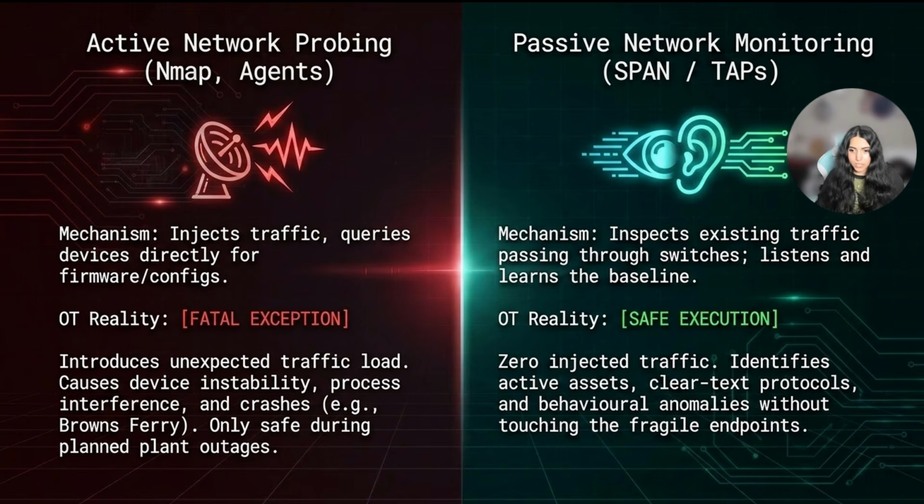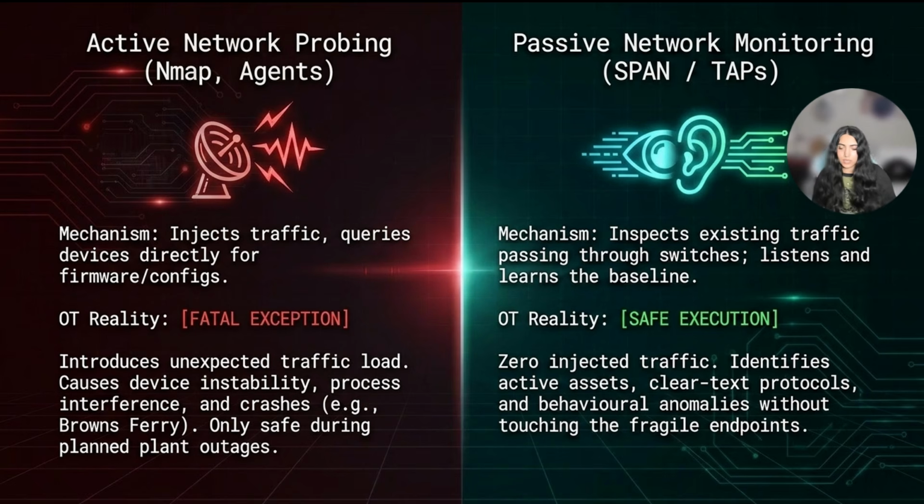Most of the time, especially for older OT devices, your system will crash. And we don't want that to happen. This introduces unexpected traffic load, which causes device instability, process interference, and crashes, for example, Browns Ferry. It's only safe during planned plant outages, or if it's a system that we already know is capable of active scanning.